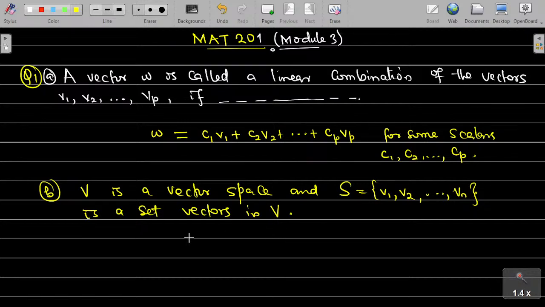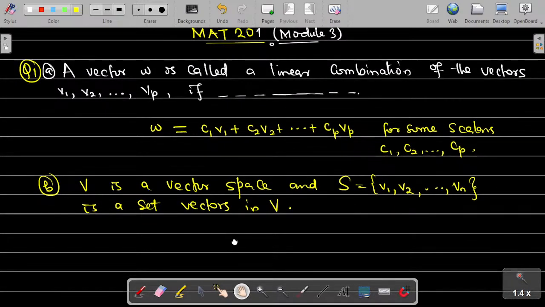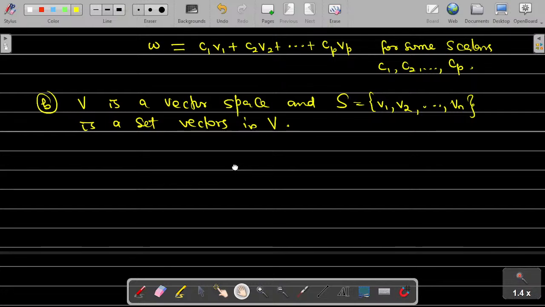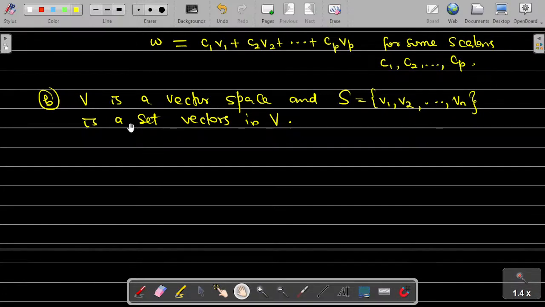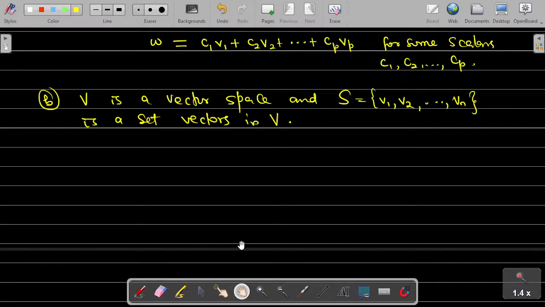In other words, what they are asking us here is to state the two conditions for a set of vectors in a vector space to form a basis for that vector space.